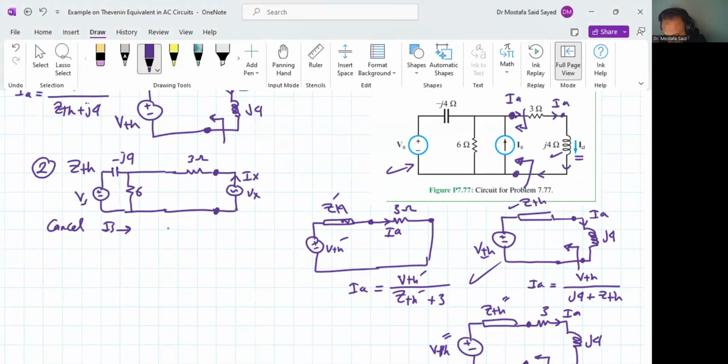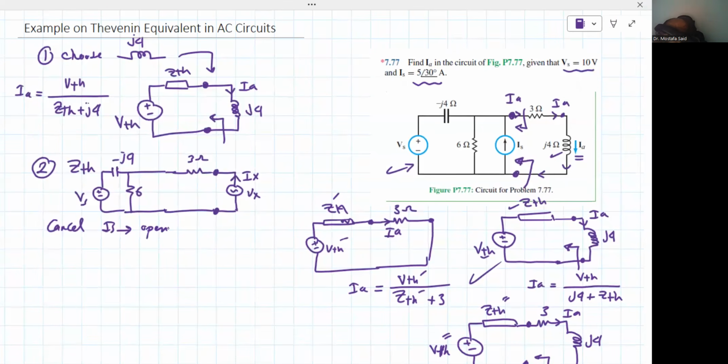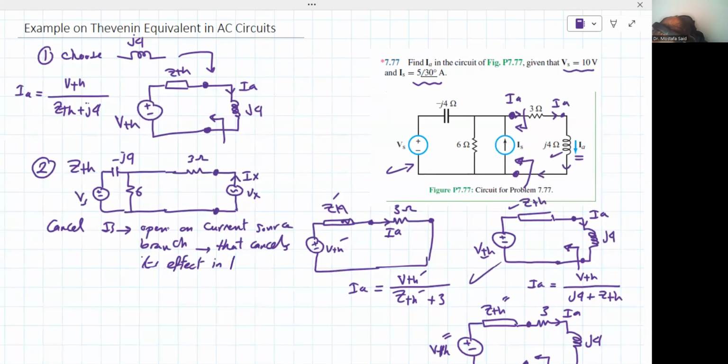So to cancel a current source, we make an open on the current source branch that cancels its effect in the circuit. So the branch in which the current source is located has a zero current because there is an open circuit. Just remove it. In that case, if it's alone, remove it completely.